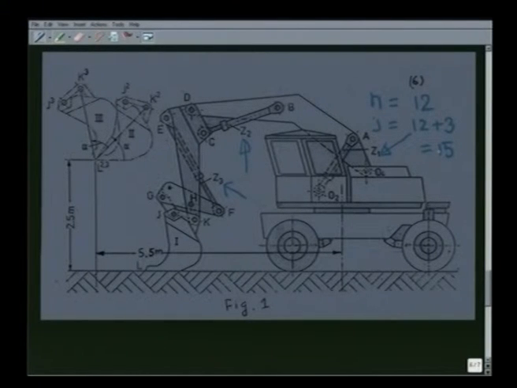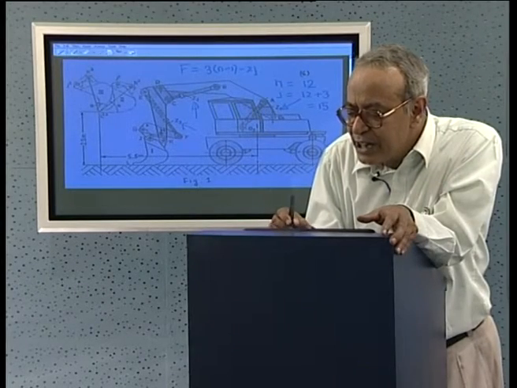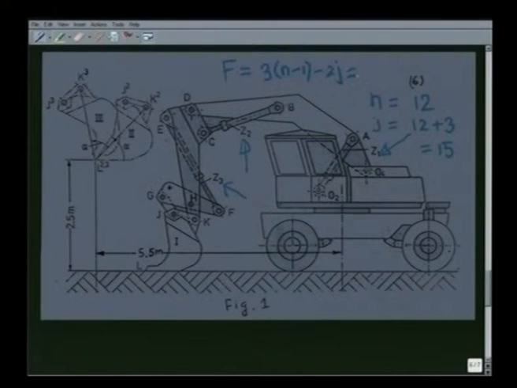Consequently, if we calculate the degrees of freedom of this mechanism, F equals 3 into (n minus 1) minus 2j, we get 33 minus 30, that is 3. So, it is a 3 degree of freedom mechanism with 3 independent inputs.